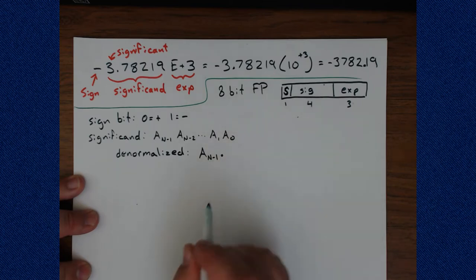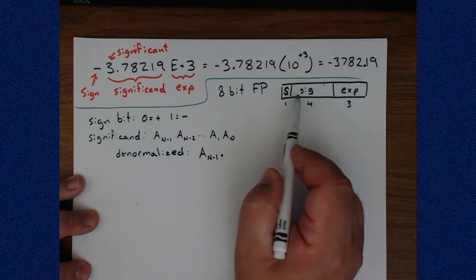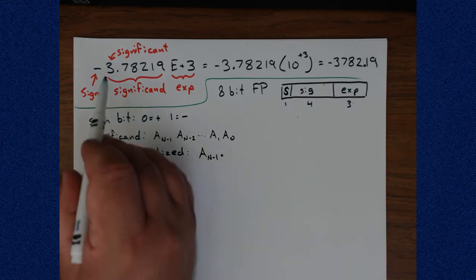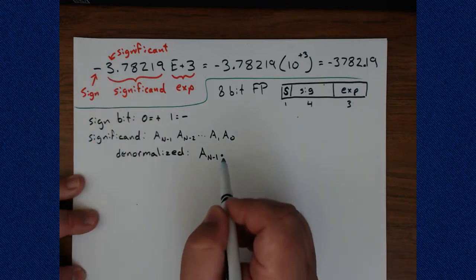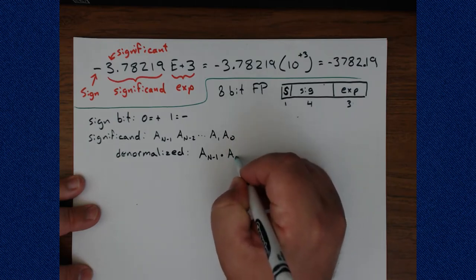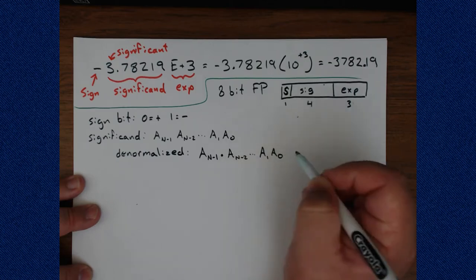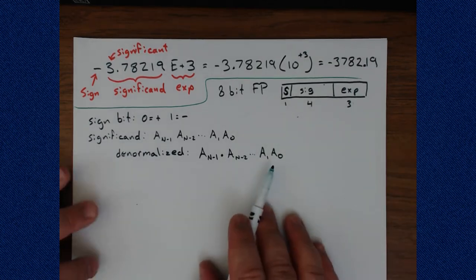Then there's the radix point. So the highest bit of the significand is mentally thought of as sitting out here where this 3 is. Then there's the radix point, and then the remaining bits, a sub n-2, all the way to a sub 1 and a sub 0, are just copied after the radix point.